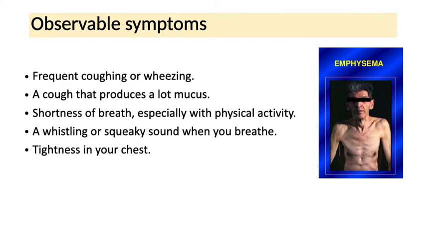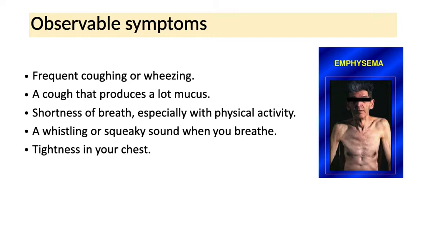As the number of alveoli and thus the surface area in the lungs is reduced, we can observe some symptoms of the patient's emphysema. Usually they have frequent coughing or wheezing, and the cough produces a lot of mucus, of course, because the lung is trying to get rid of the phlegm accumulated inside it.